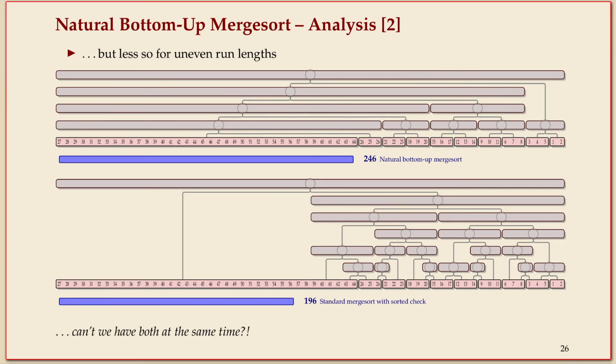Ideally, you don't touch it until you sorted the last one. Yeah, it's a good comment. I'll repeat it for the recording. So what we intuitively want here is not mess around with this long run many times. Keep that separate, sort the rest, and then merge.